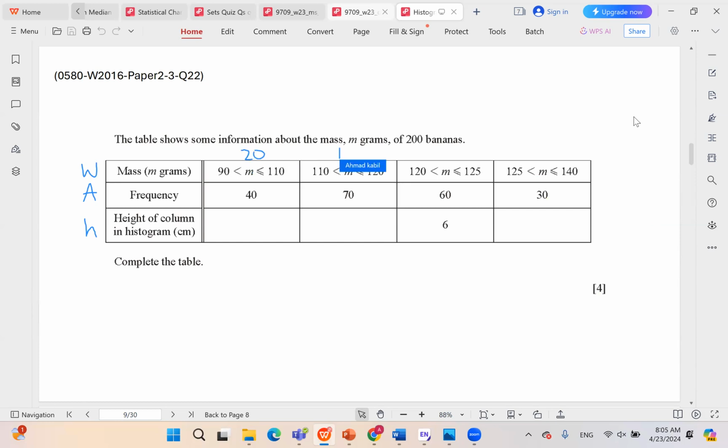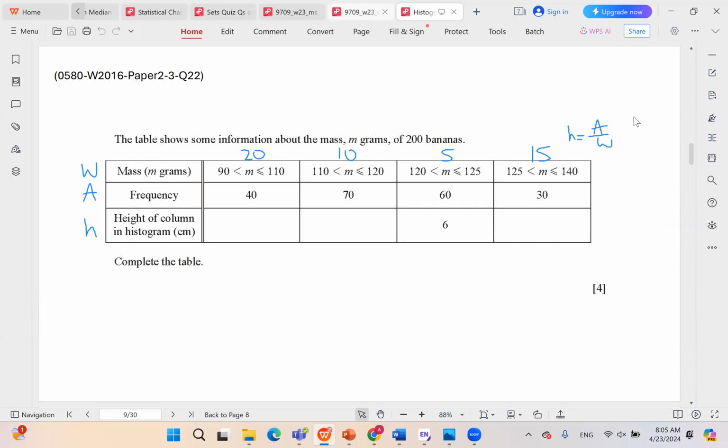And here will be 10. Here will be 5. And finally, here it will be 15. And then to get the height, we divide area by width, of course, because area is height times width. So if we divide the area by the width, we get the height.